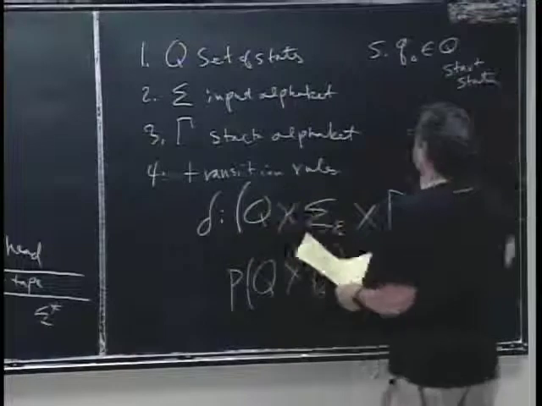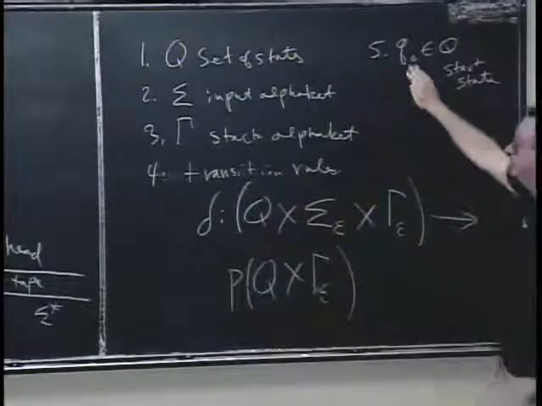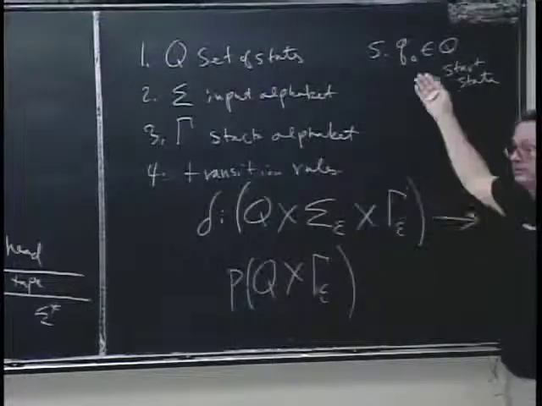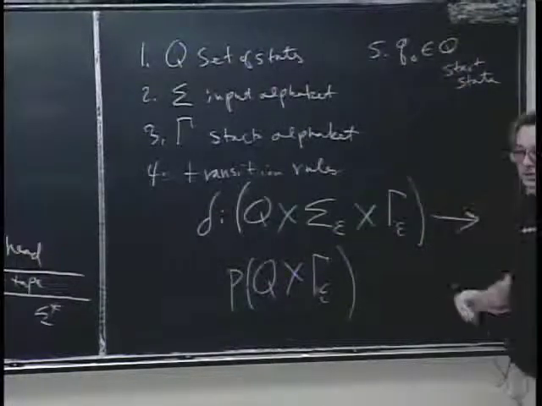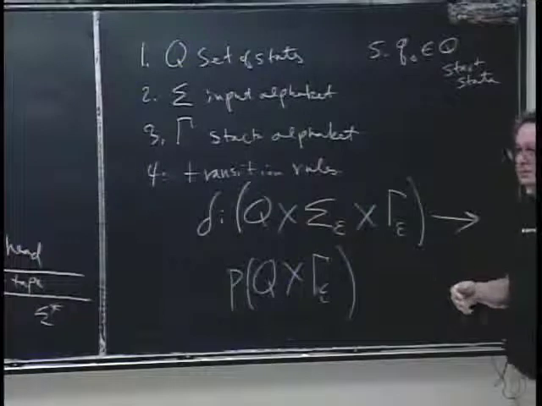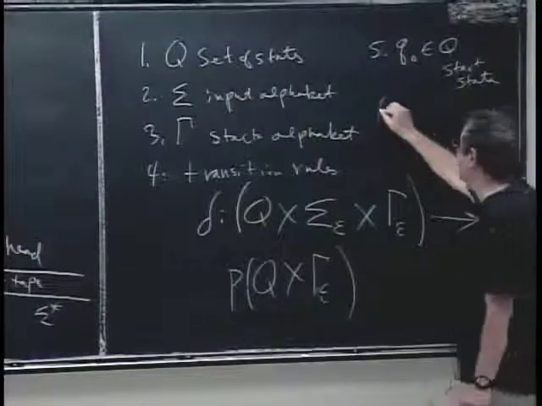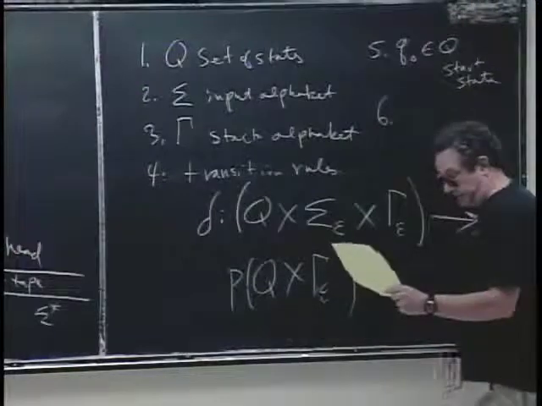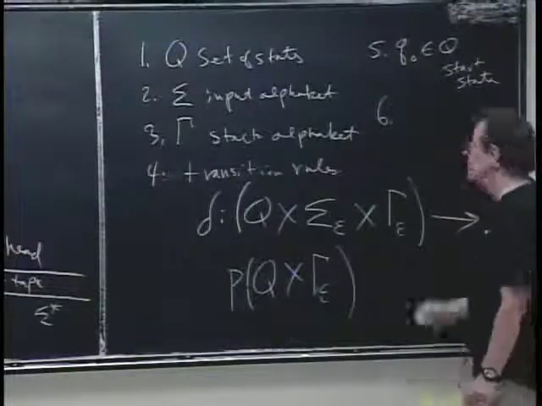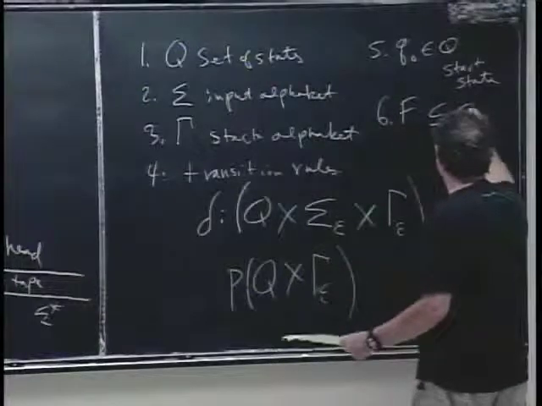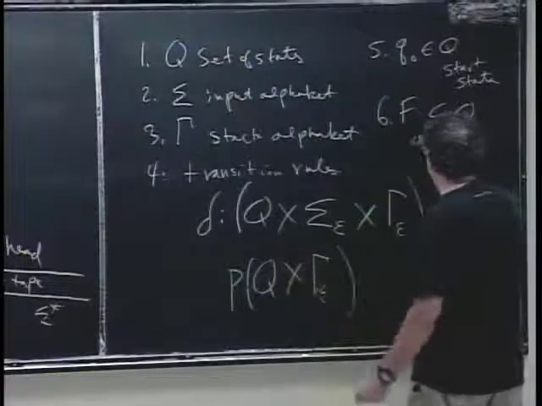I think the book is very inconsistent. Sometimes they use Q0 for the default notation for a start state, and sometimes it's q0. It doesn't really matter as long as you specify what the state is, but their general notation seems to vary. And then we need the accept states, or the final states, and that's a subset of Q.